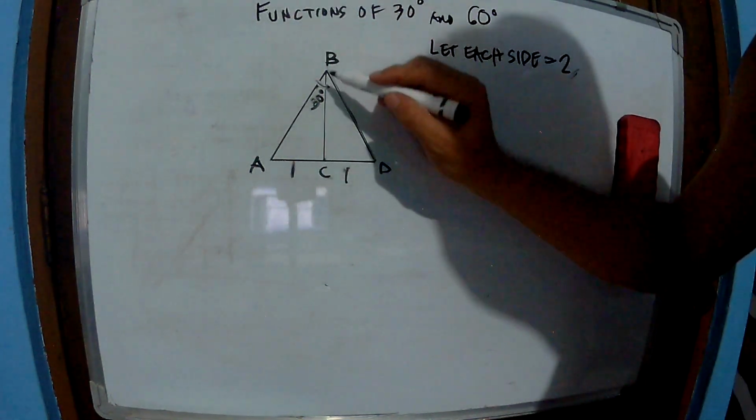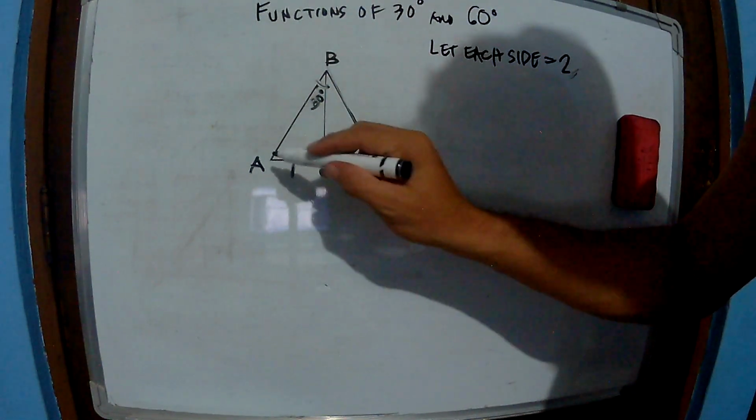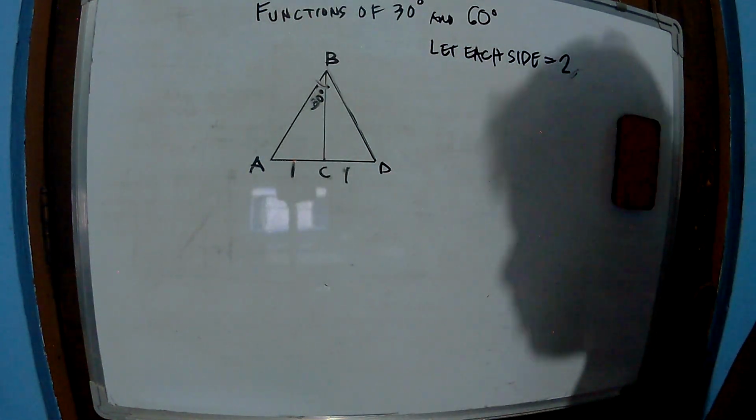This is 30 degrees because this triangle is an equilateral triangle.